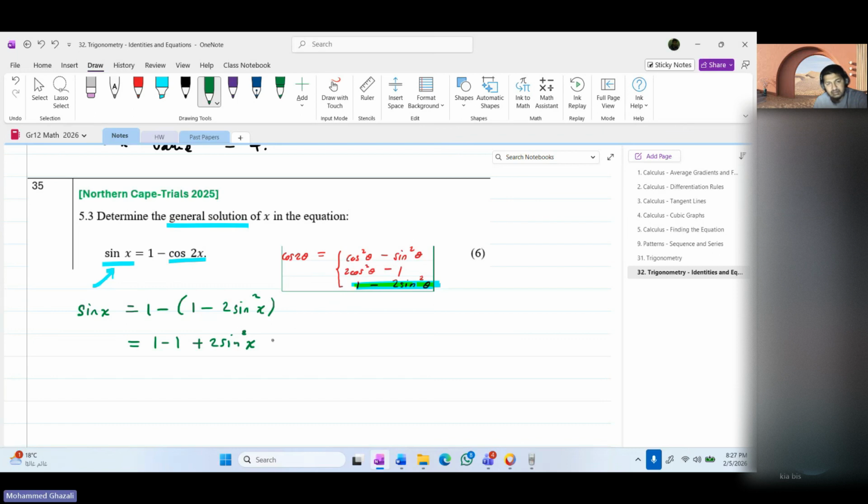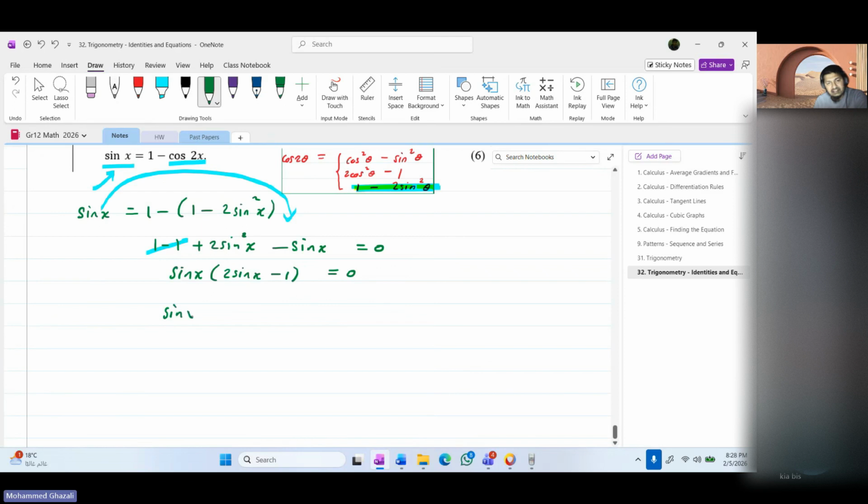Let's bring the sine x over. Minus sine x and make it equal to 0 on the other side. So 1 and minus 1 cancel out. We can take out sine x as a common factor. We have sine x times 2 sine x minus 1 is equal to 0.